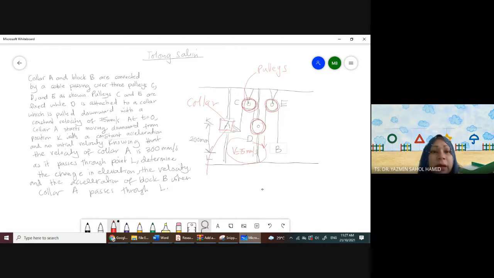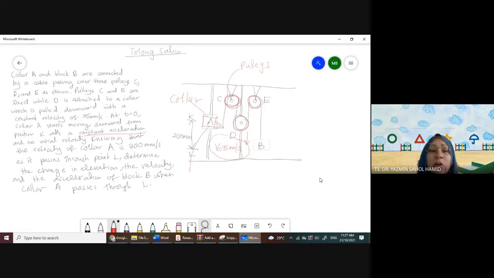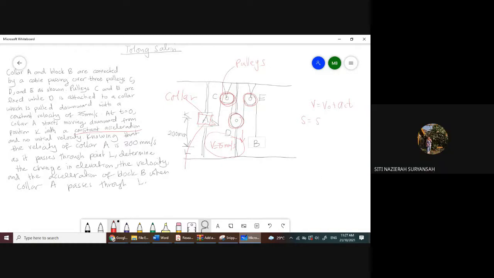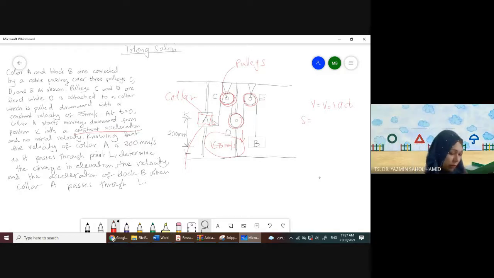When it says constant acceleration, it means we have to use the basic kinematic equations with constant acceleration, which are v equals v naught plus a_c t, s equals s naught plus v naught t plus 1/2 a_c t squared, and v squared equals v naught squared plus 2 a_c (s minus s naught).